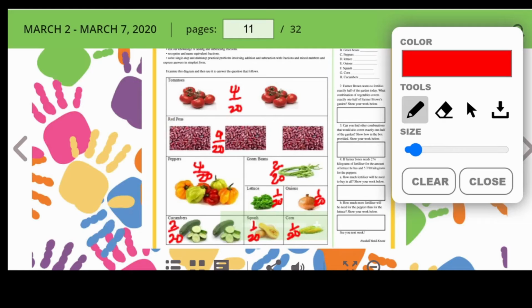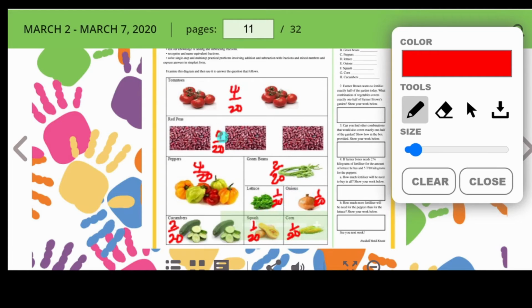So another way of looking at this would be we have 4 out of 20, 4 out of 20, 4 out of 20, 2 out of 20, 2 out of 20, and then 1 out of 20 each for these sections. So let's look at if we have the whole.